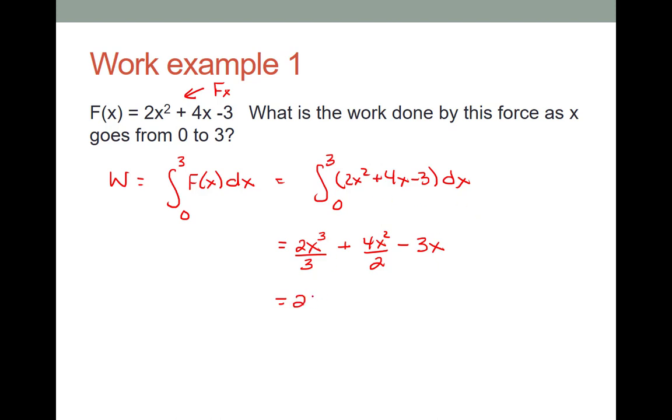That just leaves the answer being what happens when you plug in the upper limit of integration. 4 divided by 2 is 2, so I'm going to simplify that. And then I'm just going to put a minus 0 at the end to acknowledge that, yes, there was a second limit of integration. And if I put this all into a calculator, you find that the work in this case is 27. Now, ideally, you would have been given units. Since you weren't, we're just going to leave the answer unitless.